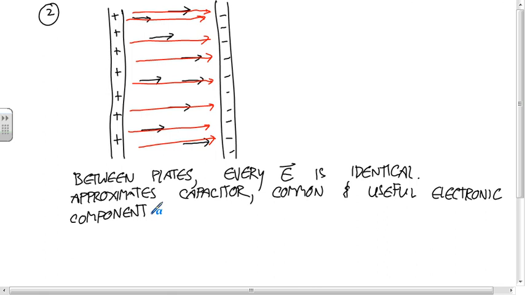Anyone know what a capacitor does? Anyone know what a flux capacitor does? Yeah, a flux capacitor takes you back in time. A normal capacitor stores up charge. So you can think of it as like a battery in a way.